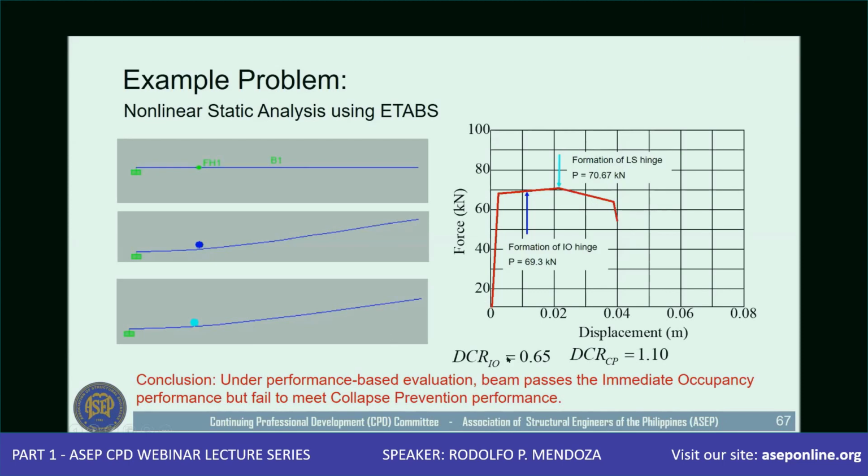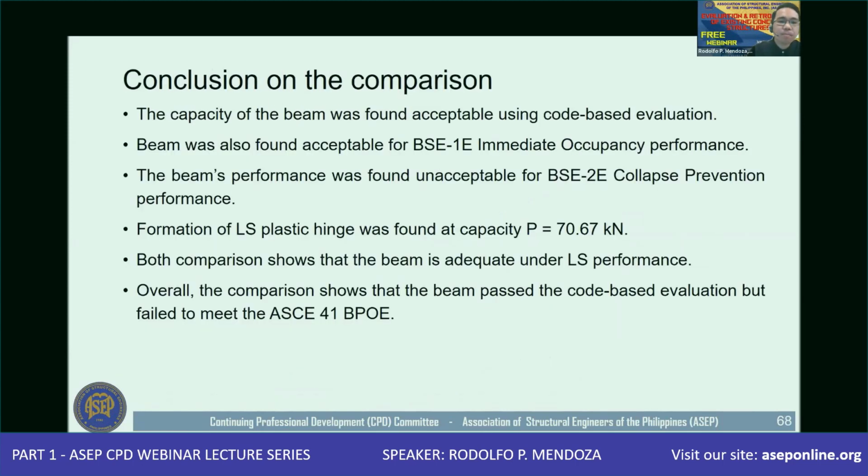So for this case, what we can say is that under performance-based evaluation, the beam passes the immediate occupancy performance, but failed to meet the collapse prevention performance for BSE-2E.